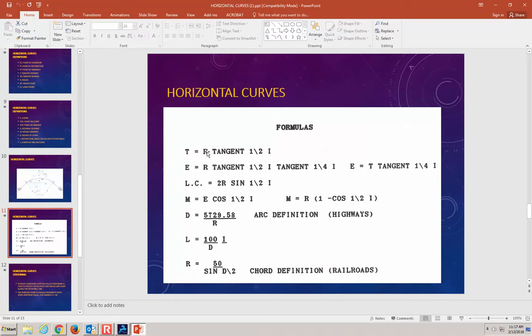I could technically do that, right? So does anybody know what the substitution would be for that one? T equals R tangent of one half I, or I divided by 2. I know what it should be and how to get there, but I want someone to tell me how to get there.